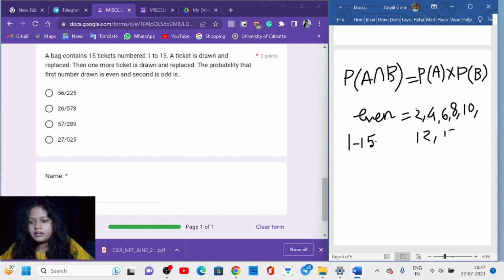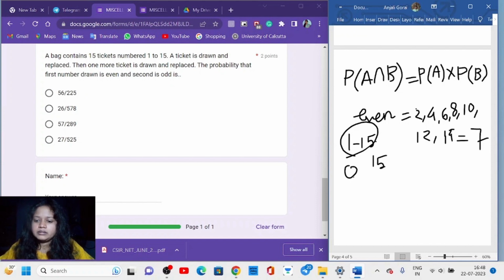These are our even numbers from 1 to 15. So how many numbers are there? There are 1, 2, 3, 4, 5, 6, 7. In total there are 7 even numbers, and the total number is 15. So the odd numbers are 15 minus 7 equals 8.